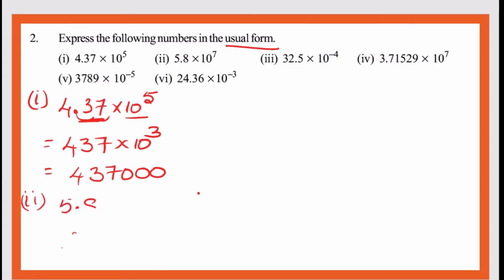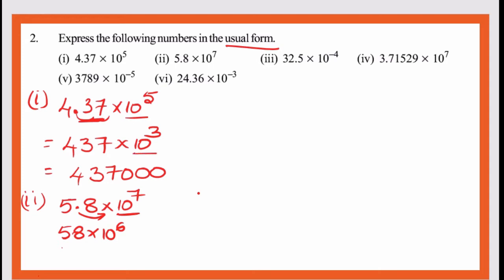What is given? 5.8 into 10 power 7. If you want to convert it into usual form, first of all we need to remove this decimal point, so I need to shift this decimal point to the right hand side. How can I do that? I need to take one 10 from this, then this becomes 58 into 10 power 6. In the previous question, since we had two decimal places, I took two tens, 10 into 10, so we got 10 power 3.